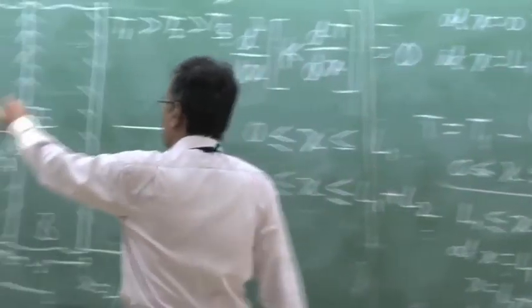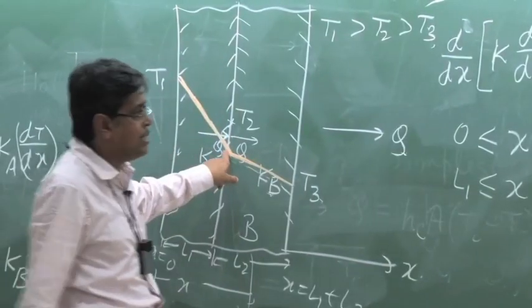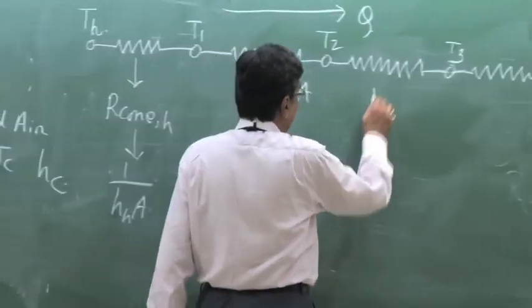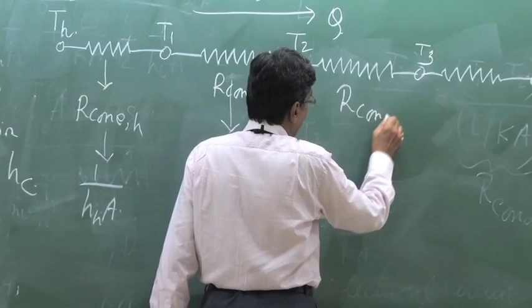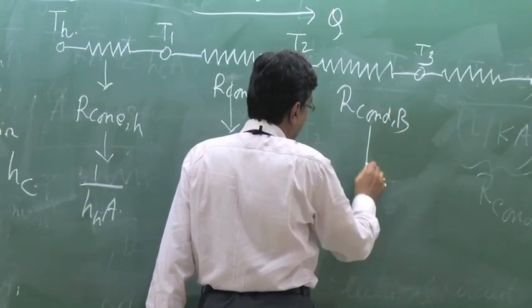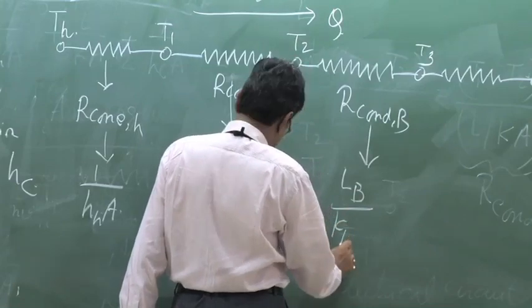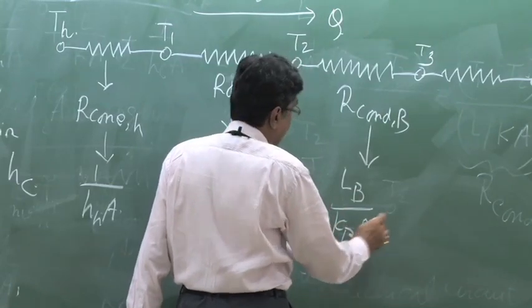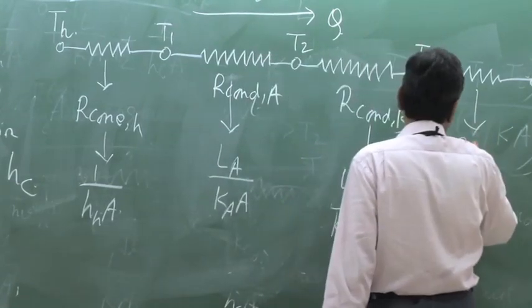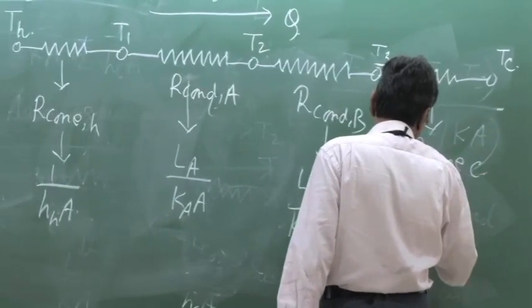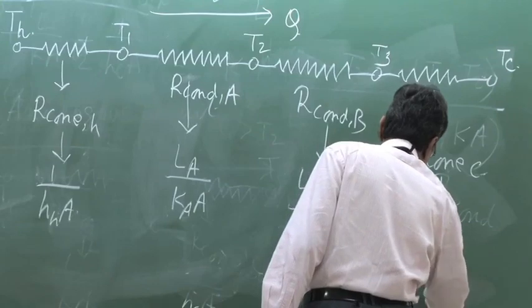Similarly you can solve that now. The same heat is going through. At this point there is heat continuity. So this will be R conduction B, which is LB by KBA, and this is R convection cold, and that is 1 by HcA.